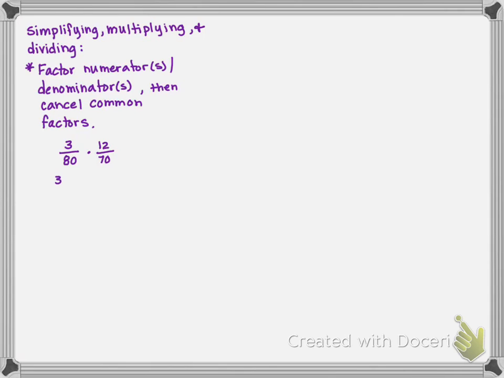And so we'd factor, right? We'd do 3 times 2 times 2 times 3 over 2 times 2 times 2 times 2 times 5 times 7 times 2 times 5.